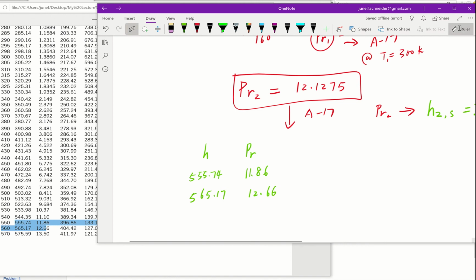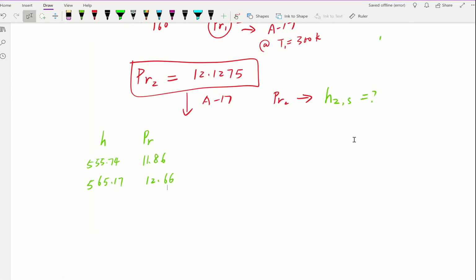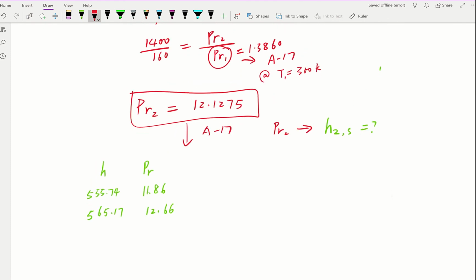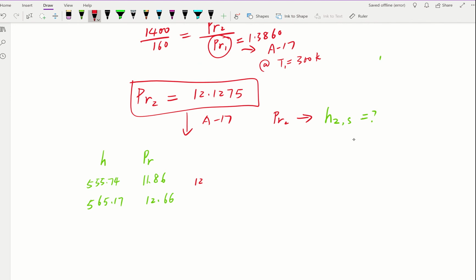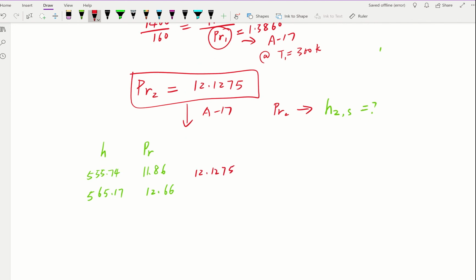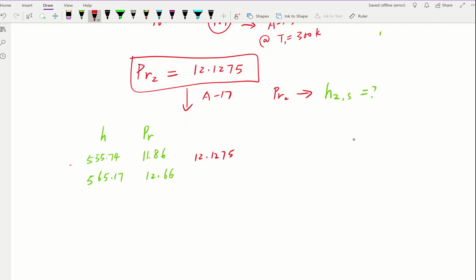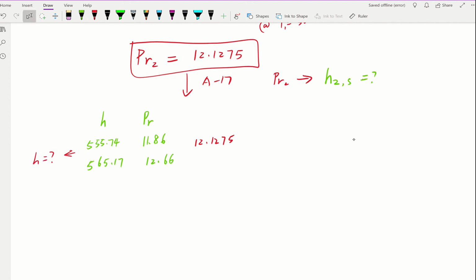So now we're done with that table. We have the value of our PR is 12.1275. So here we need to figure out, using linear interpolation, what's going to be our H value here, right? So go ahead and set up our linear interpolation. I'm using 12.66. Actually, the other way. 565.17 minus 555.74.